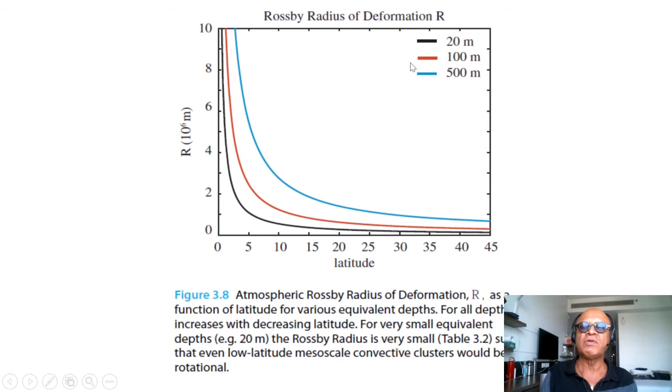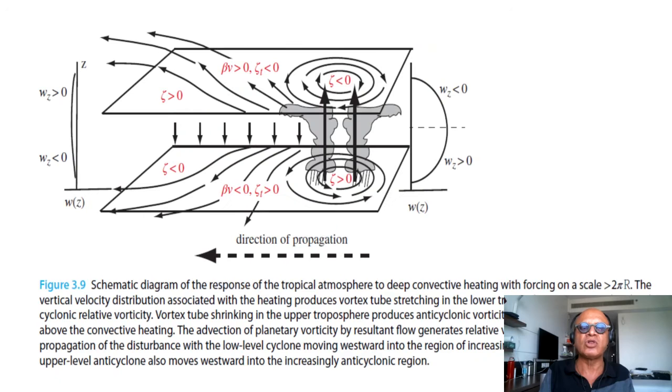As the equivalent depth increases, the Rossby radius increases as well, as we can imagine. But in all cases, as we go to higher latitudes, gravity wave speed and Coriolis give us a combination of very small scales. Basically that means if you are doing modeling, the scales you have to resolve are going to get smaller and smaller as you go to higher latitudes.